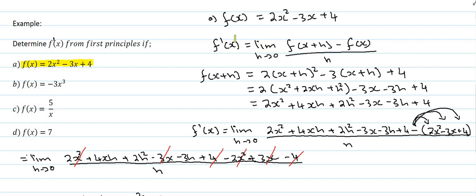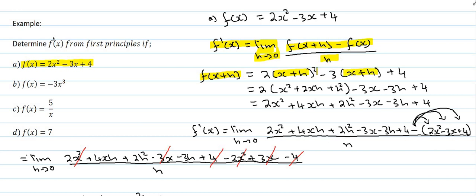We said the formula for the first principle is f prime of x equals the limit as h approaches 0 of f of x plus h minus f of x, all divided by h. Then I said the first thing, you try to simplify f of x plus h on the side. When we simplify it, where we see x, we substitute x plus h.